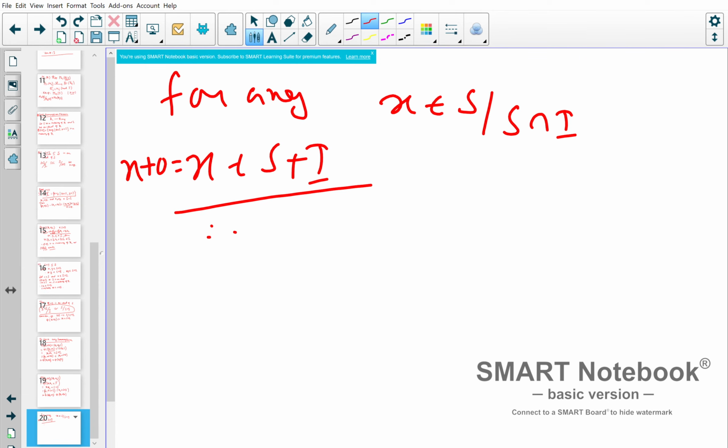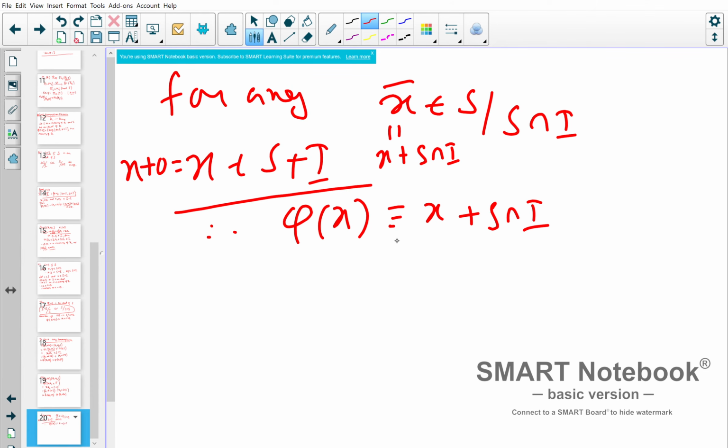That means that phi of x, so you take phi of x, that will be mapping to x bar. So x bar is an element of this, meaning it is an element of x plus something of this form, right? So phi of x equals x plus S ∩ I. So phi is onto, this is simple, phi is an onto map.